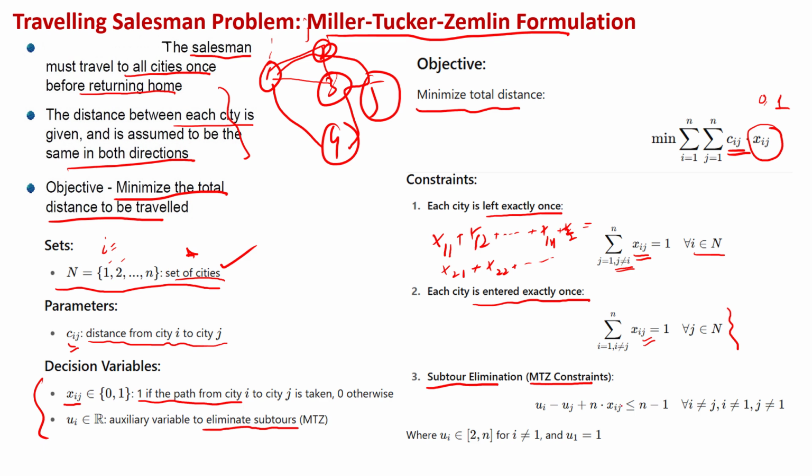So how are we going to represent this? u_i minus u_j plus n times x_ij must be less than or equal to the number of cities minus 1, where i and j should not be equal. i is not equal to 1, j is not equal to 1, so i goes from 2 up to n, where we are fixing u_1 equal to 1, which means we are fixing the starting city.